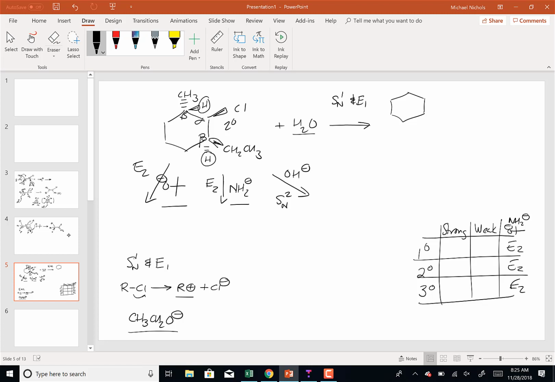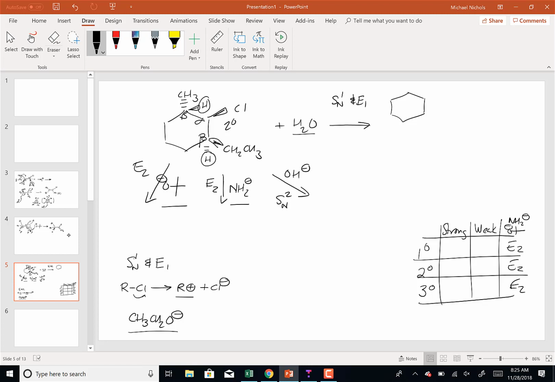When we go to E1, does stereochemistry matter? No. Stereochemistry doesn't matter. It doesn't matter in this case that the hydrogen is cis or trans, because once you form the carbocation, either one can be removed.